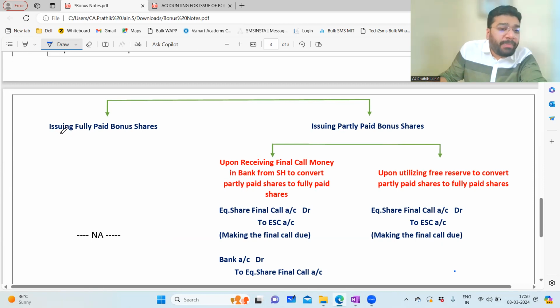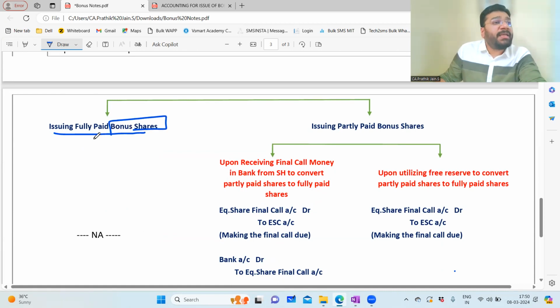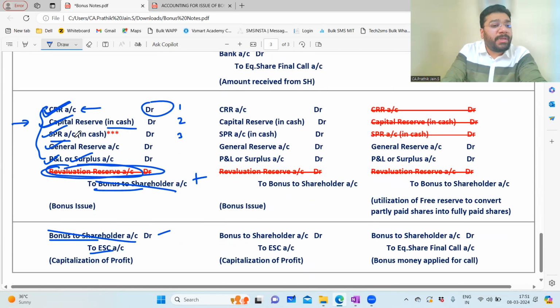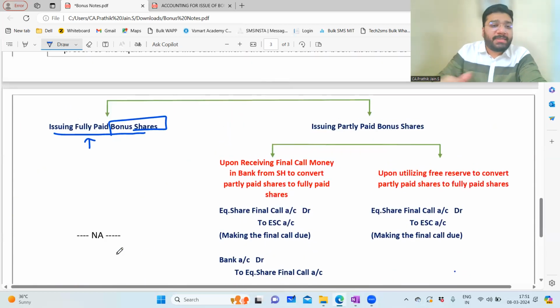So you're issuing fully paid bonus shares to existing shareholders whose face value is fully paid up. In that scenario, two entries we learned: reserve account debit to bonus to shareholder, and bonus to shareholder to equity share capital. This is one scenario we saw. Case one, I would say. This is case one.